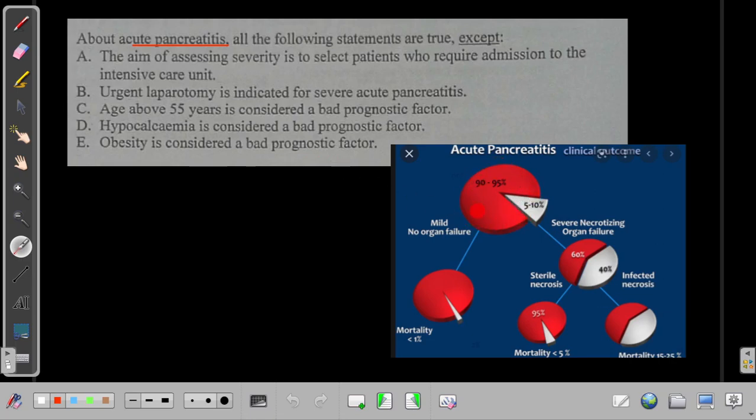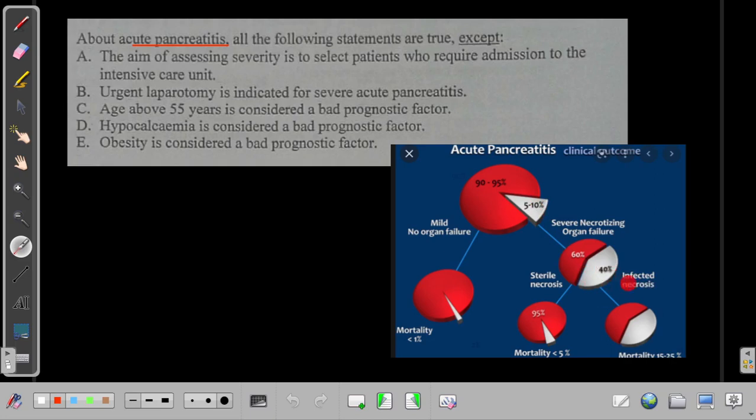In acute pancreatitis, about 90% of cases are going to be mild acute pancreatitis. And in this mild 90%, you will get mortality of less than 1%. From 5 to 10% of acute pancreatitis is going to be severe necrotizing pancreatitis. And of those 10%, you will have 40% getting infected necrosis.